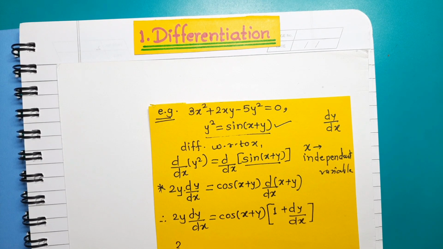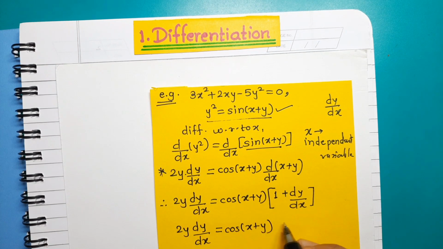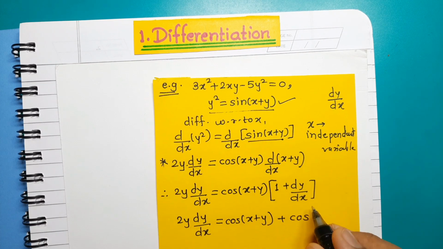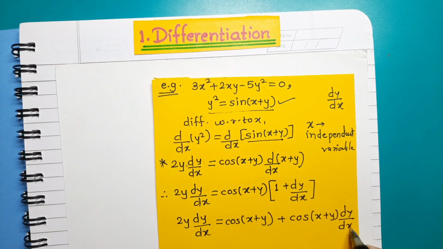So we have 2y into dy by dx is equal to cos of x plus y, plus, multiplying this term into the bracket, cos of x plus y into dy by dx.